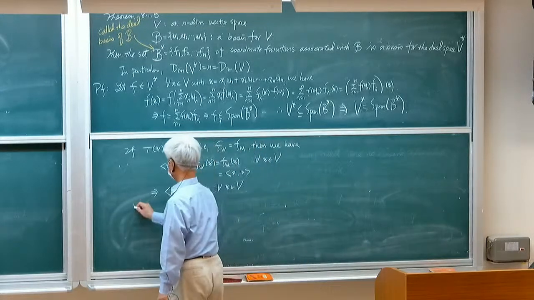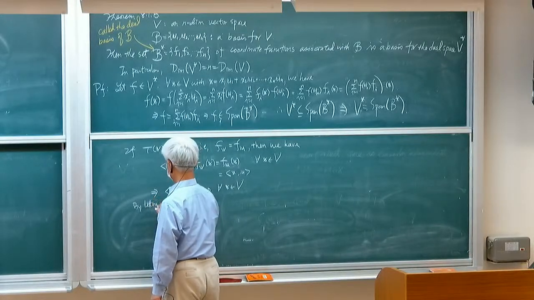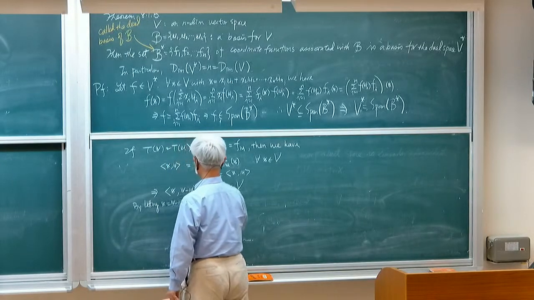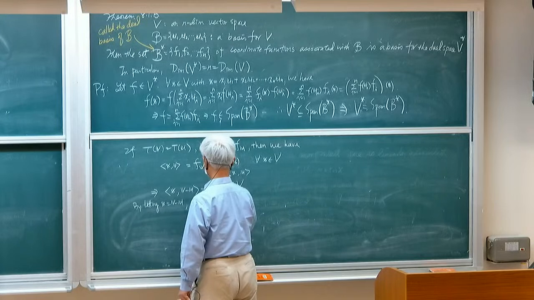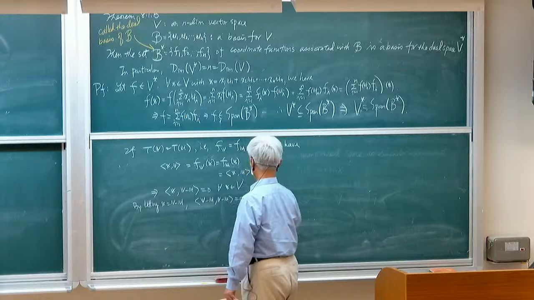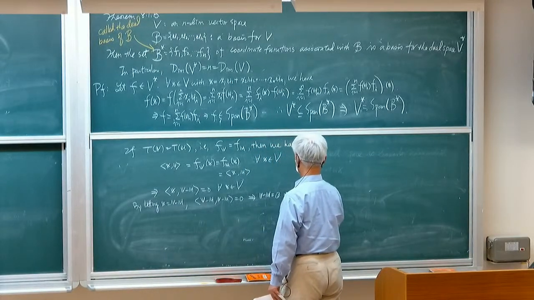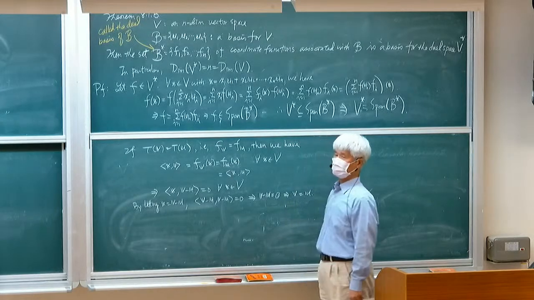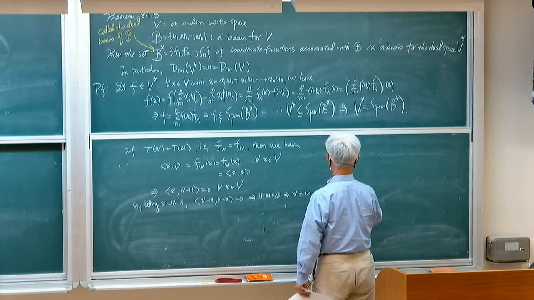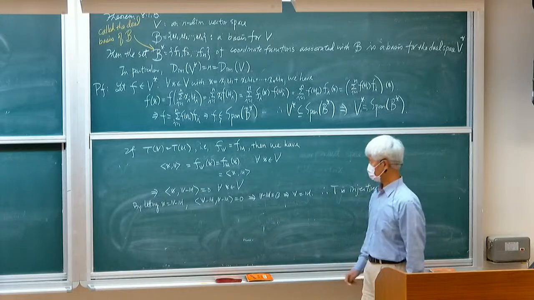By letting x equal to the difference vector, we have the inner product equal to 0, and this implies that u equals v. Thus T is injective. Okay, so now T is injective.